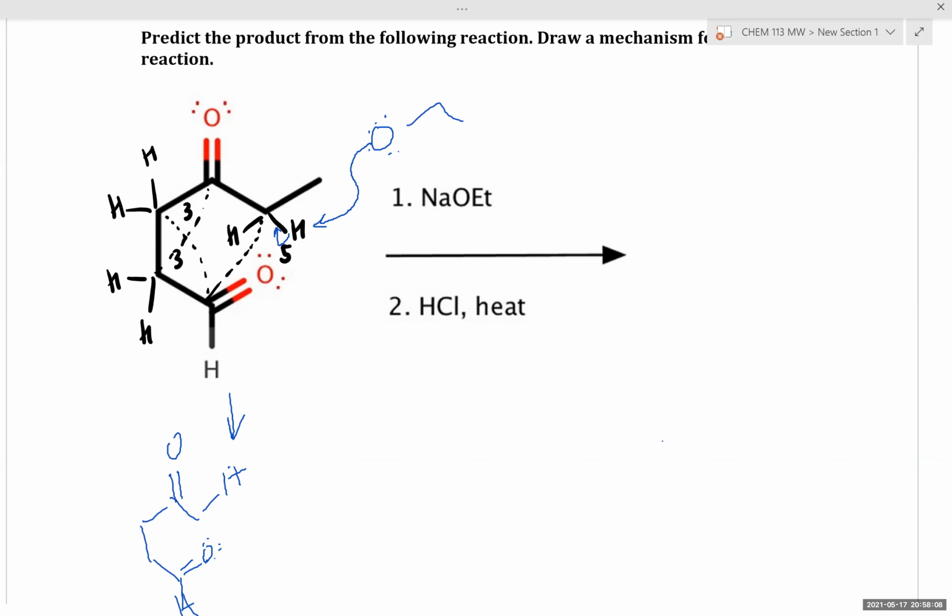From here, now that we've generated this ketone-derived enolate, that enolate is nucleophilic. Would you be able to draw the enolate out explicitly? So ethanol is not attacking the alpha position, it's just deprotonating. So we've removed this proton and we're generating an enolate, which is a carbon-centered anion at this alpha position.